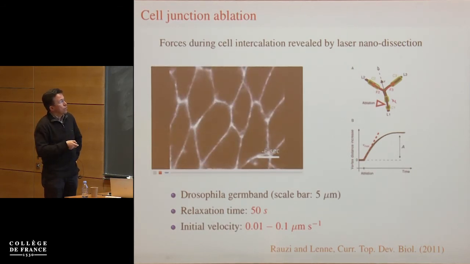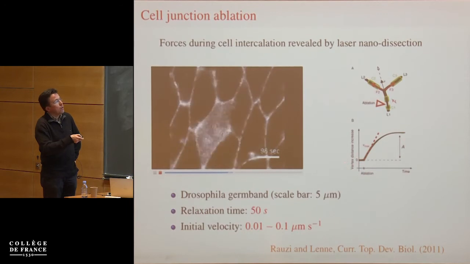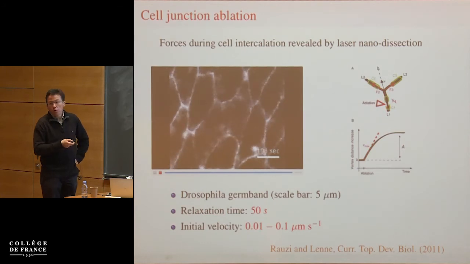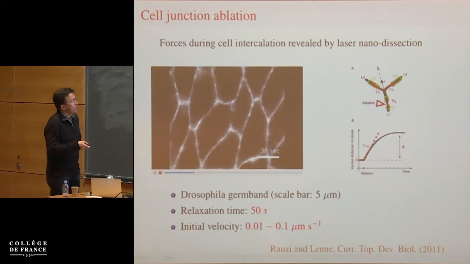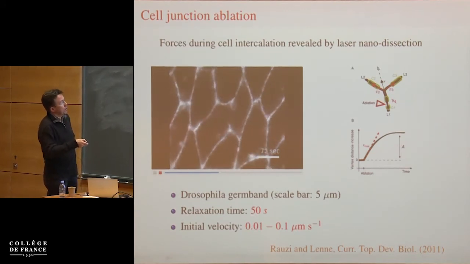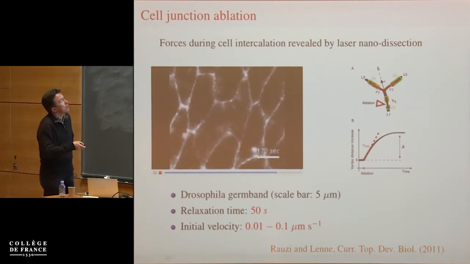So to sum things up, a measurement of the initial recoil velocity of the vertex gives an assessment of the value of the tension of the junction that has been ablated up to a friction coefficient. And in this particular case, the relaxation times were of the order of 50 seconds, initial velocity of the order of 0.1 to 0.01 micrometer per second.